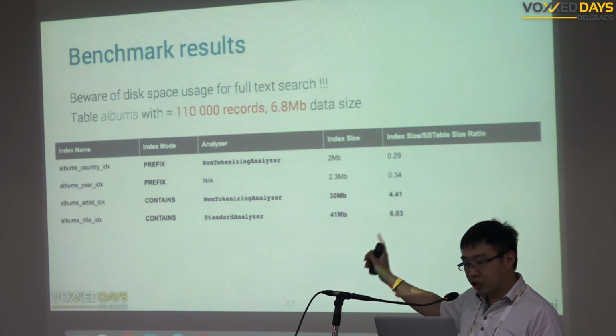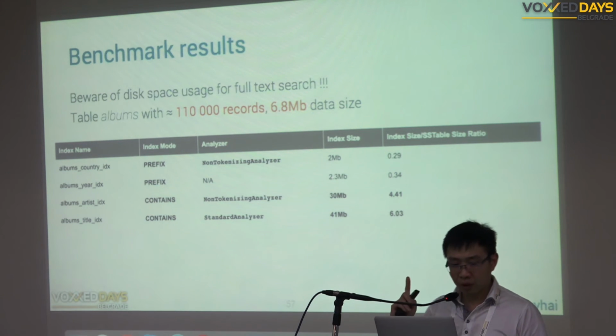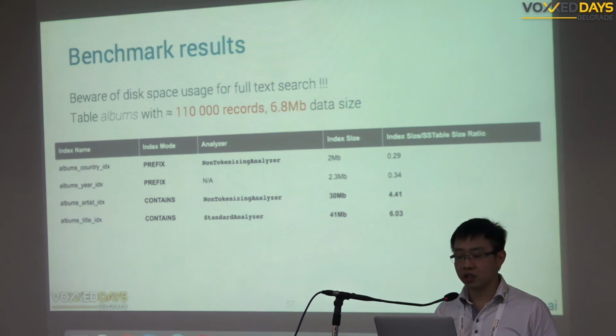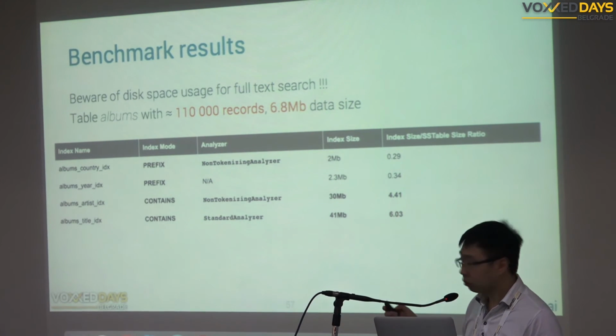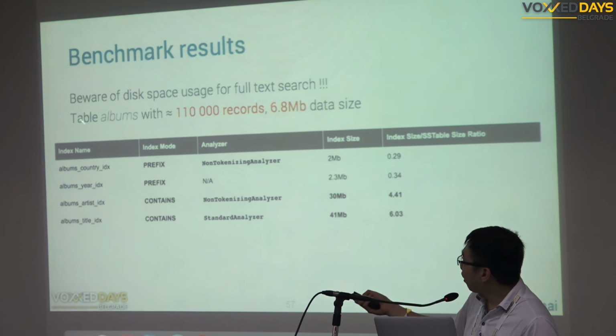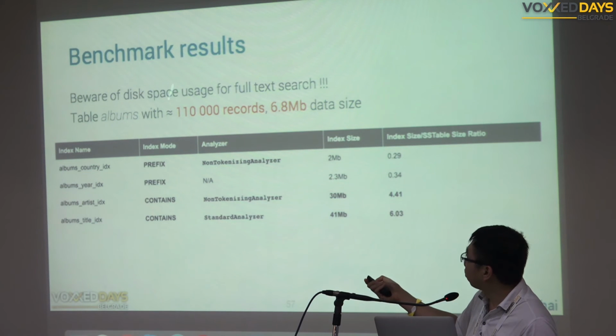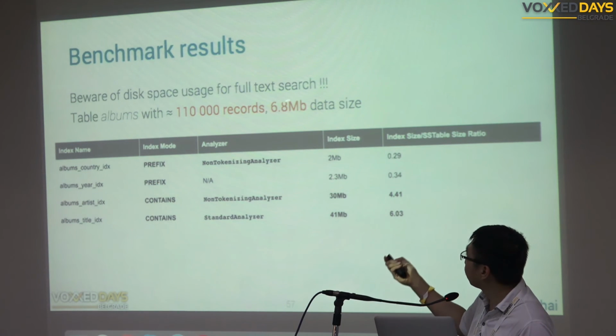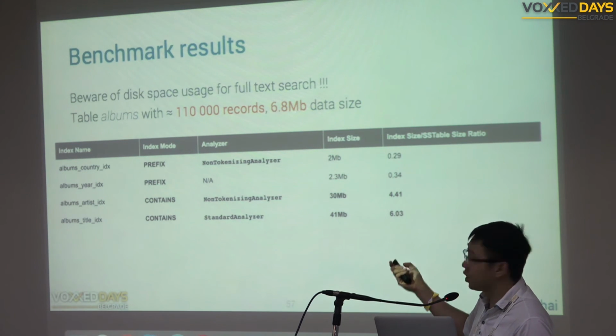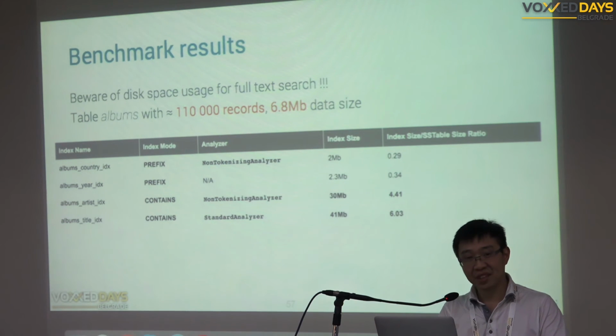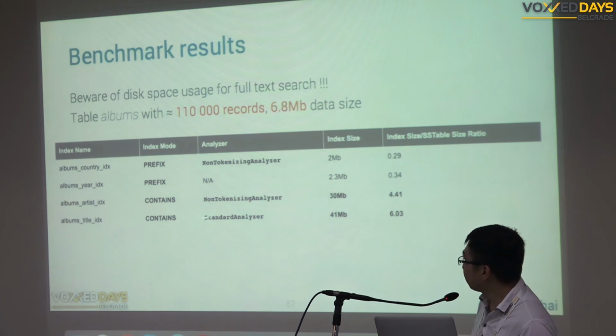Another very important detail: be careful with full text search and the contains predicate. My original table album has 110,000 records. It took 6.8 megabytes on disk. And I created an index on title contains.